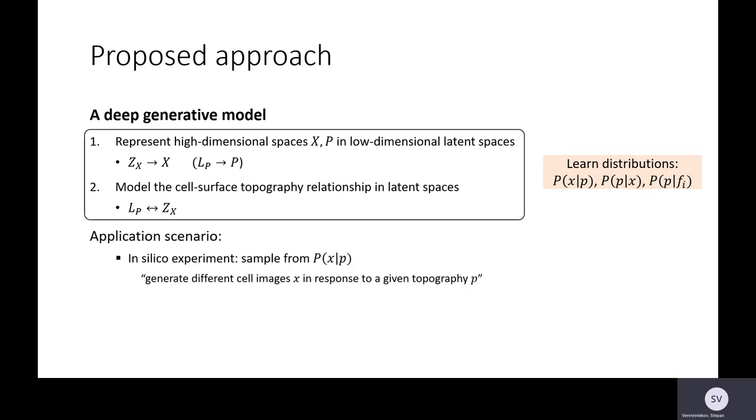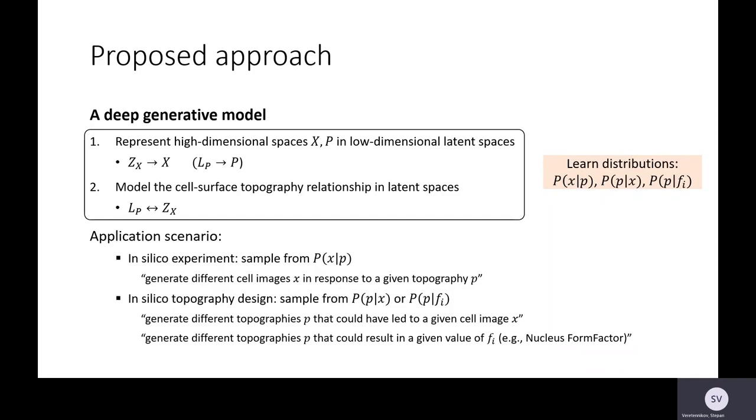In more detail, the application scenario of such a model could be twofold. Firstly, the in silico experiment. That means that we would like to sample from the distribution of images given a topography. And the query here is: generate different cell images X in response to a given topography P. The second application scenario is the in silico topography design.